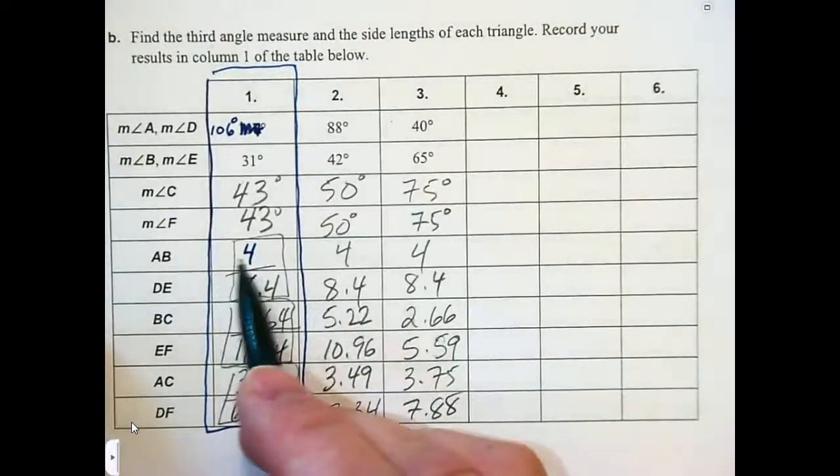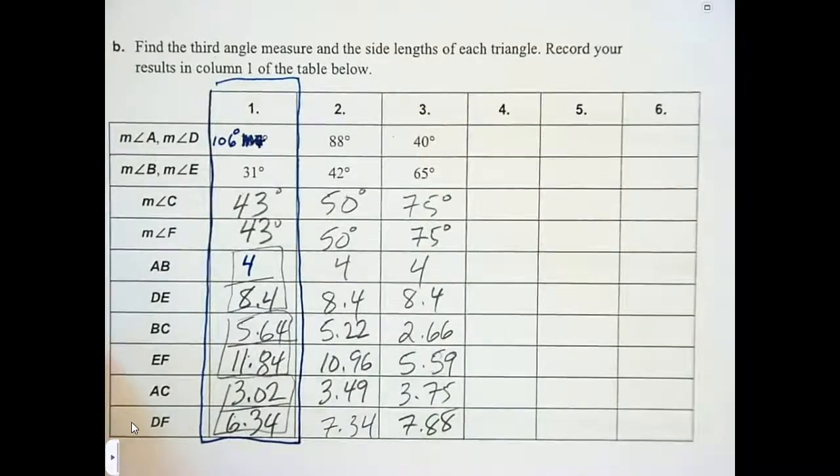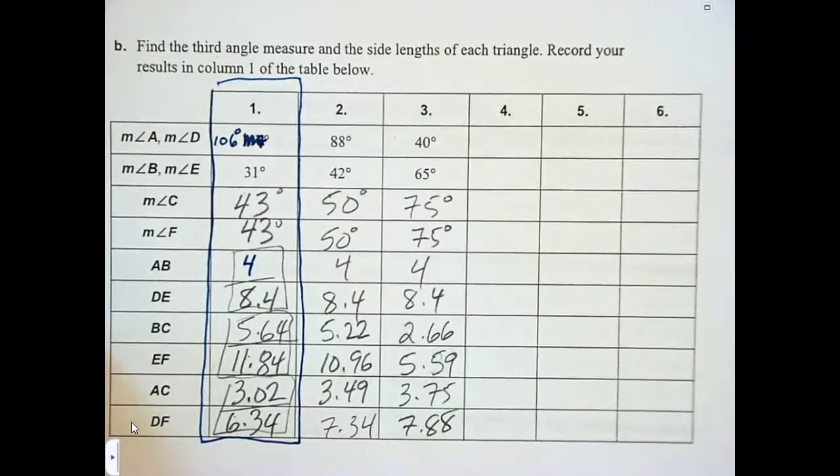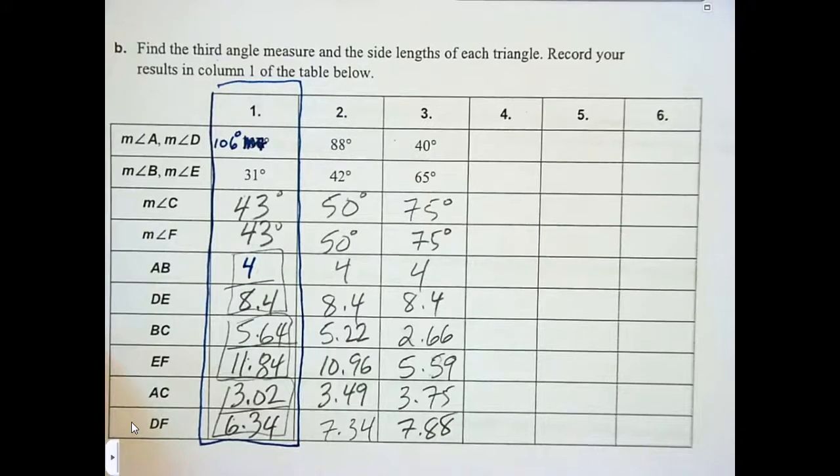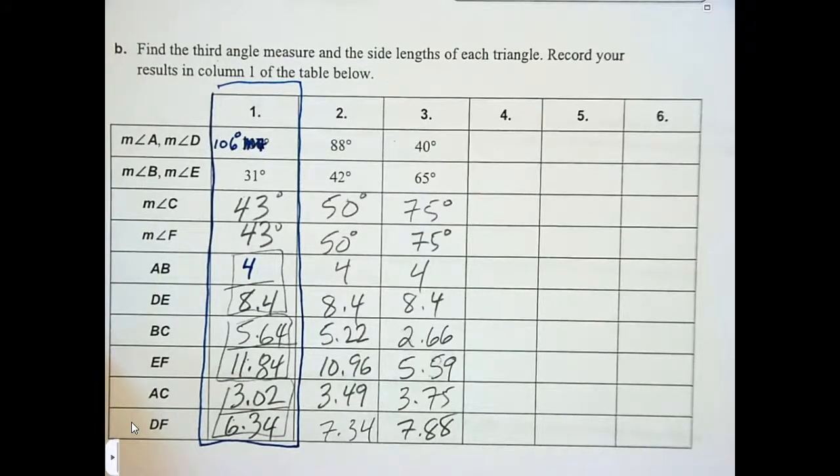So are these fractions the same? How could we figure that out? I mean, obviously they don't look the same. How could you figure it out? Yeah, divide them. What do they all become?